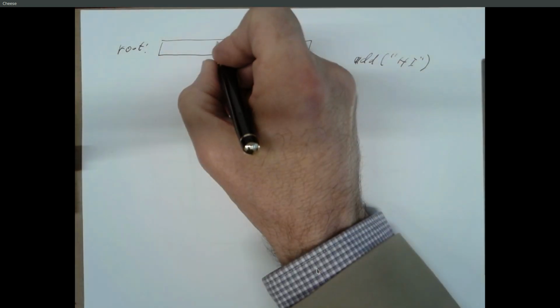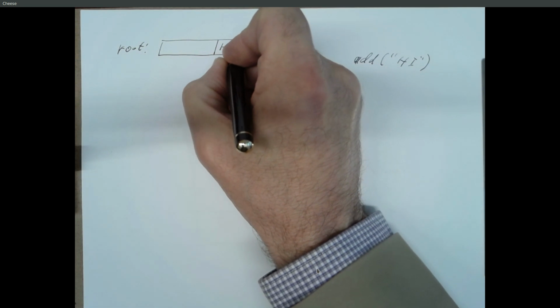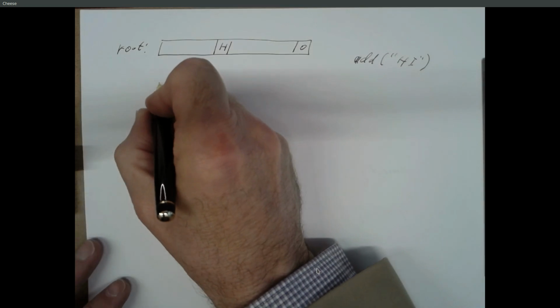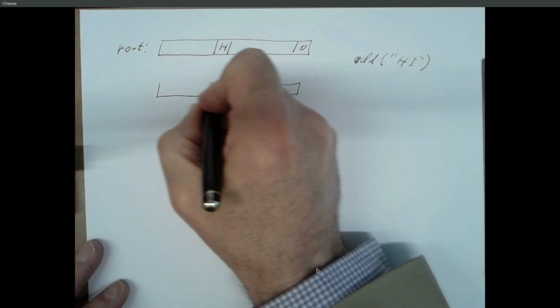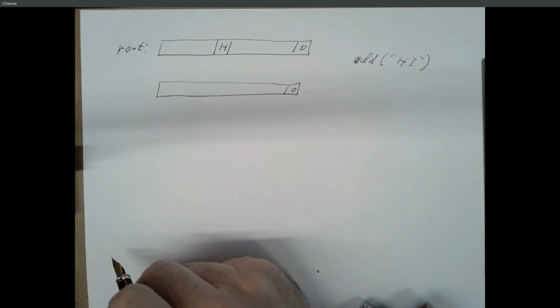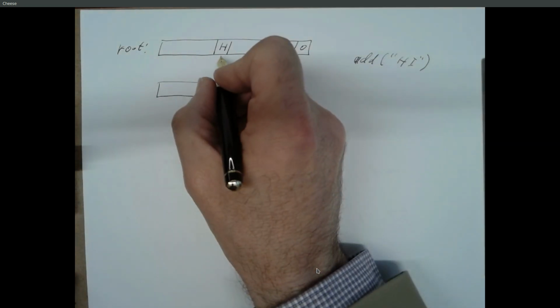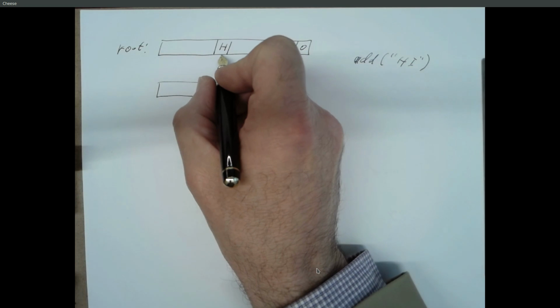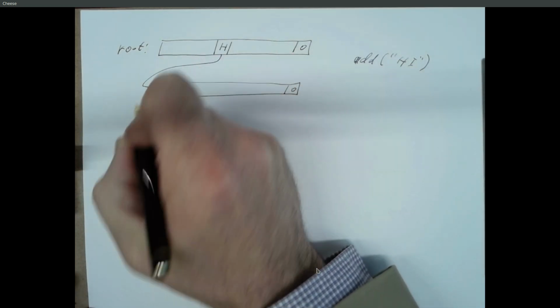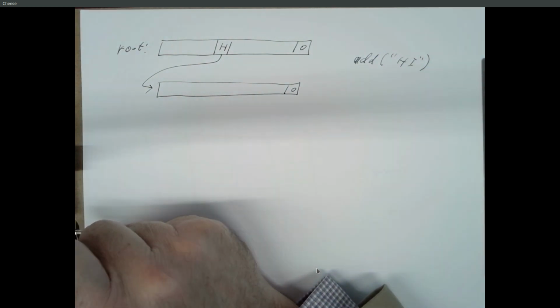First, you go to the pointer corresponding to h and look at it. You discover it's null, so you malloc a new node, initialize everything, set the end of string to 0, make all these pointers null, and then at the node you were at before, you take that h, which is currently null, and set it equal to the address of this new node.